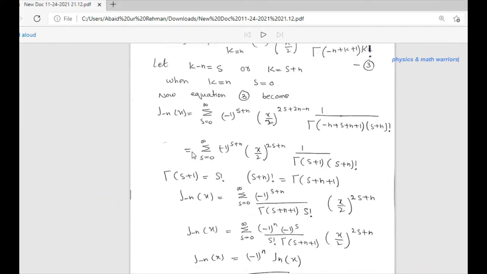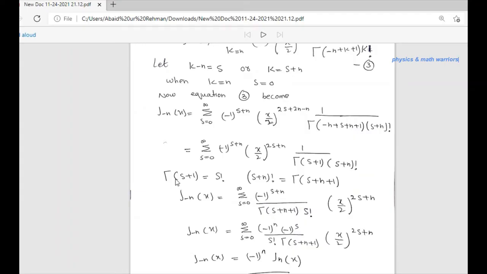So this becomes J minus n of x is equal to the summation s equal to 0 to infinity of minus 1 raised to power s plus n, x over 2 raised to power 2s plus n, times 1 over gamma of s plus 1 and s plus n factorial.